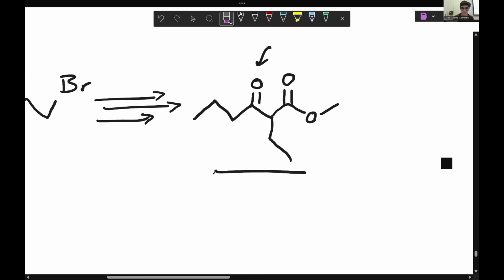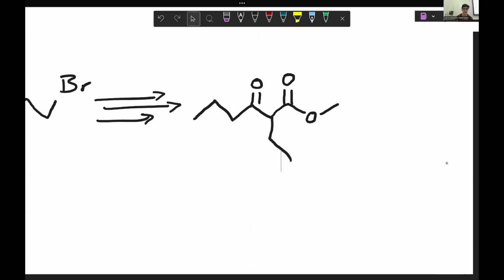The other thing is, is this the product of a mixed Claisen or just a simple Claisen? What makes you think that? What do you see there? Our R groups match. Exactly.